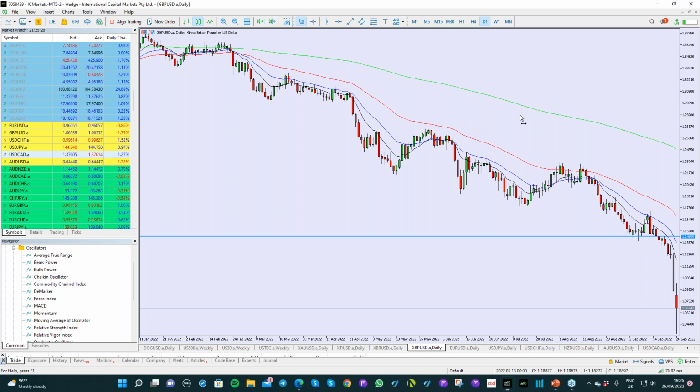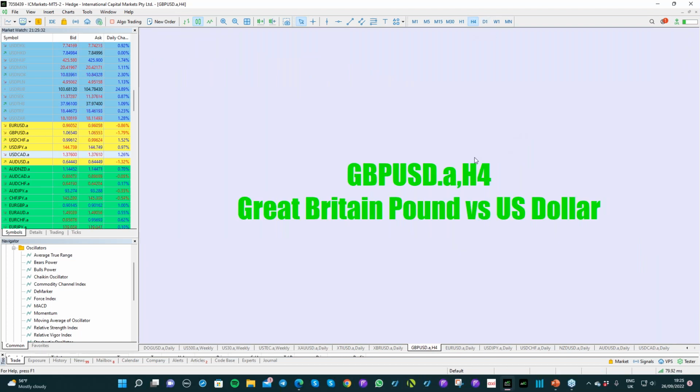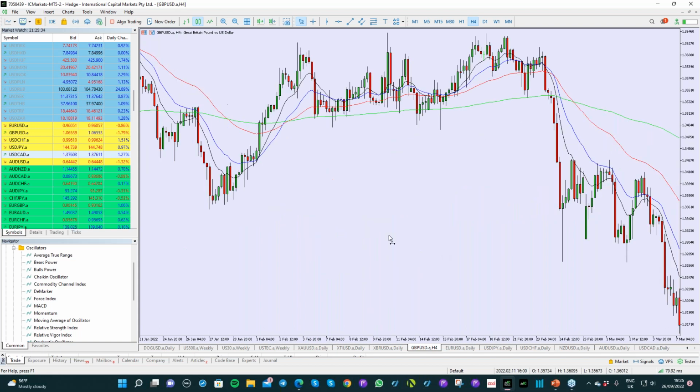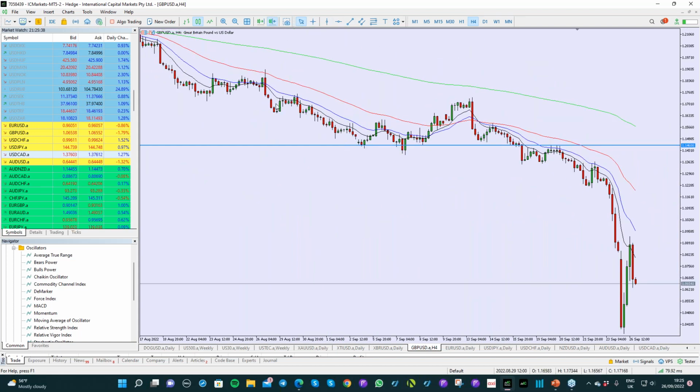So you'll notice here, if I now go down to the 4-hourly time frame, bear with me while that catches up. We can see on the 4-hourly time frame, again, price here is trending, lower highs, lower lows, and it's very frequently returning to this area in and around the 10 and 20 moving averages. So I can use this strategy on a 4-hourly time frame.